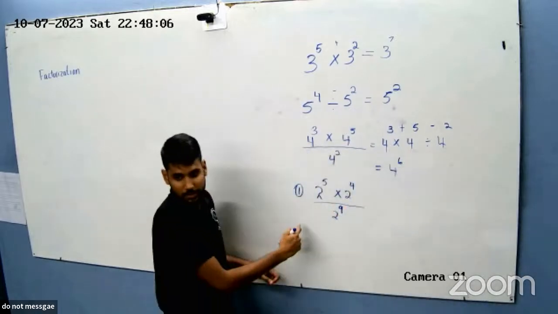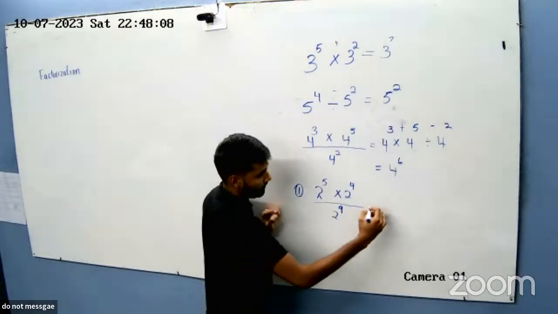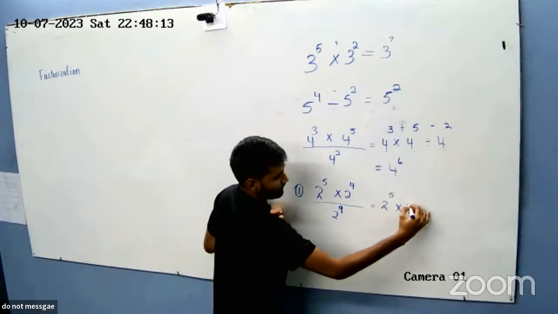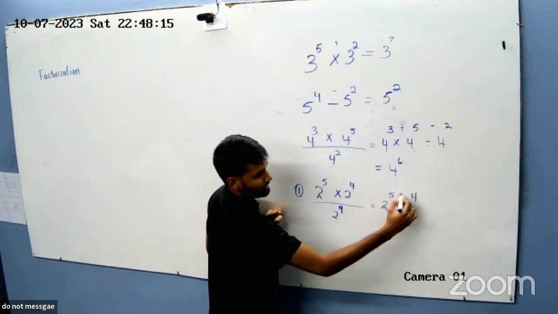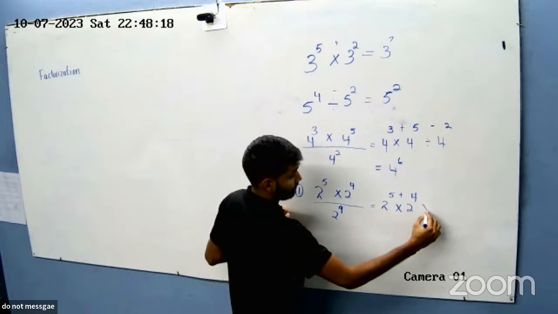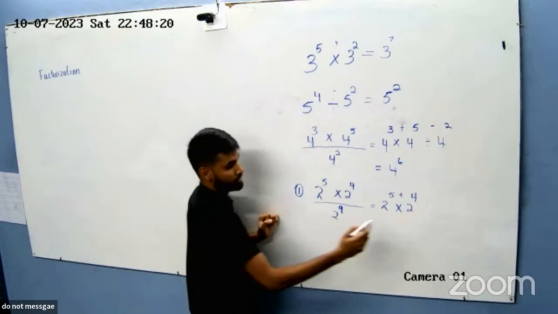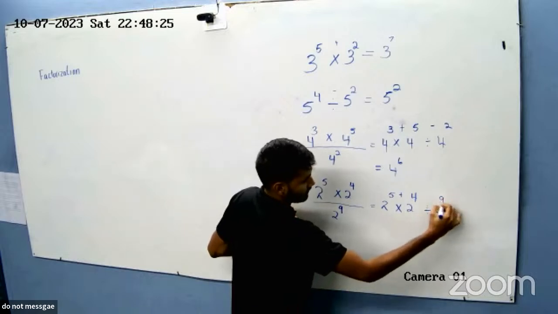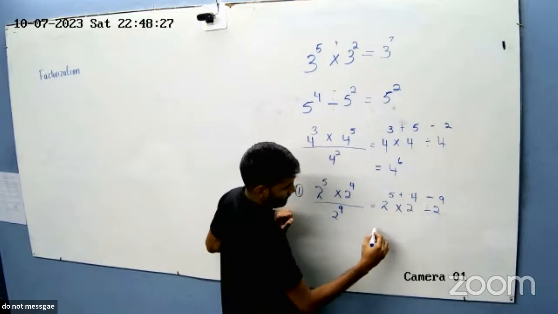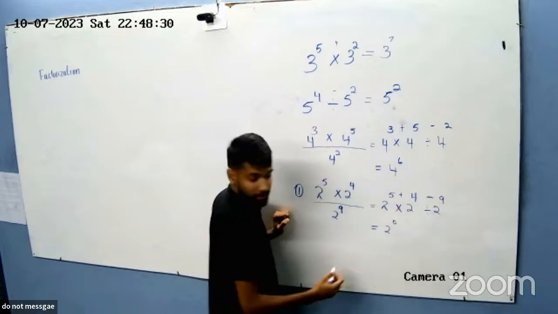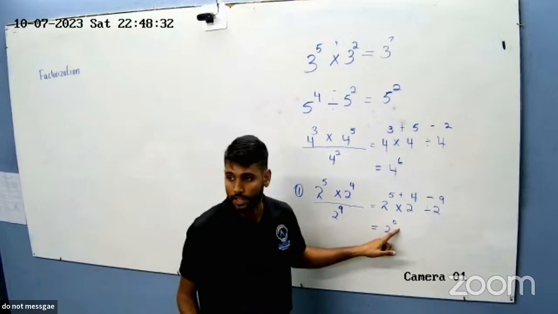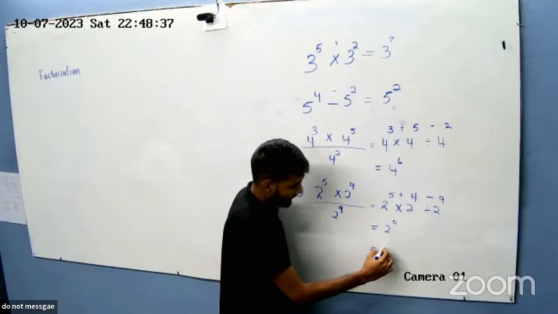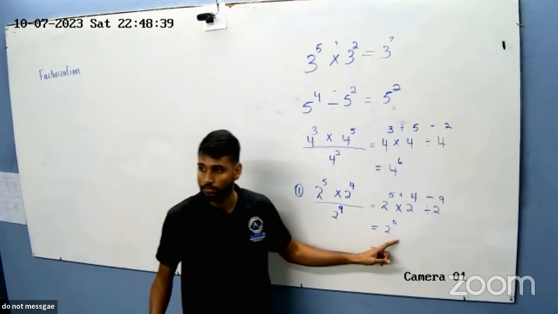All of them have the same base, right? We're adding them, right? And then the division here. Get 2 to the 0, right? Put 2 to the power 0 in the calculator and tell me what value you get. 1, right? So any number to the power of 0 is 1.